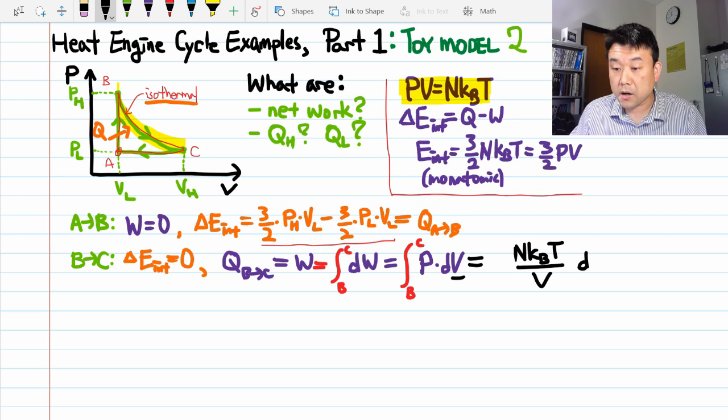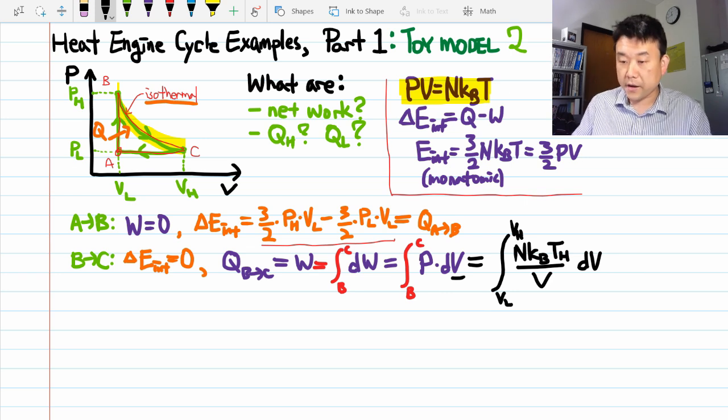Now, because it's an isothermal process, the temperature here is constant. In fact, let me put a little subscript, T sub H, so that I know that it's a number. It's not temperature as a variable, it's a temperature along that isotherm that the process is taking place. The volume is changing from the low volume to the high volume.